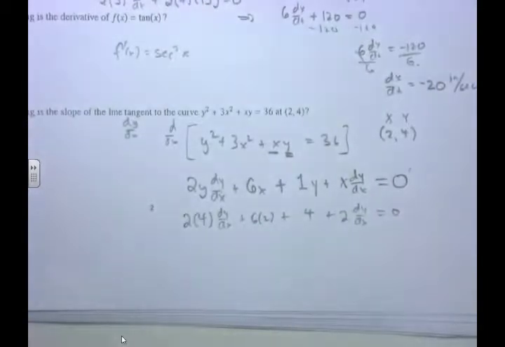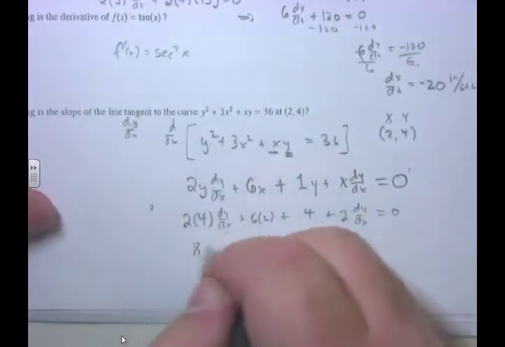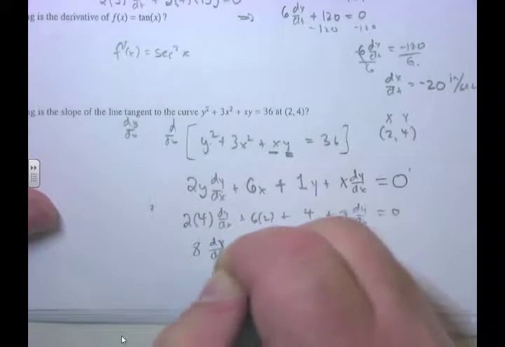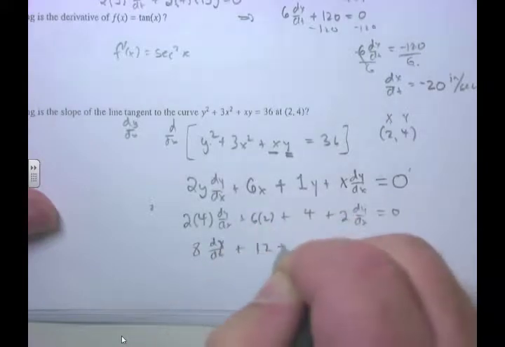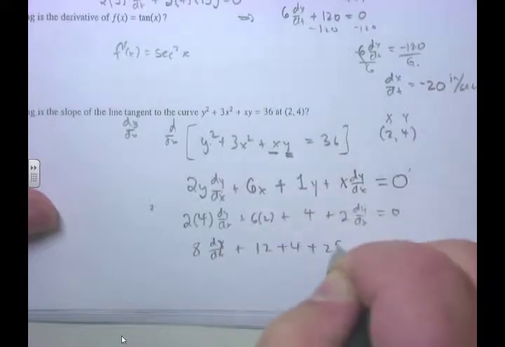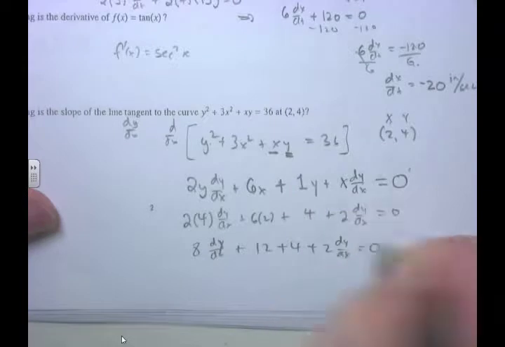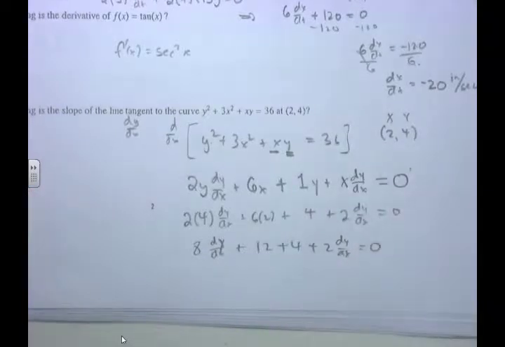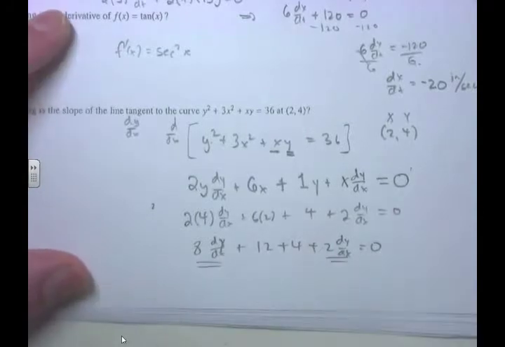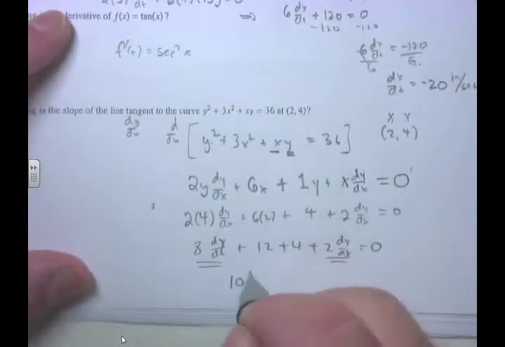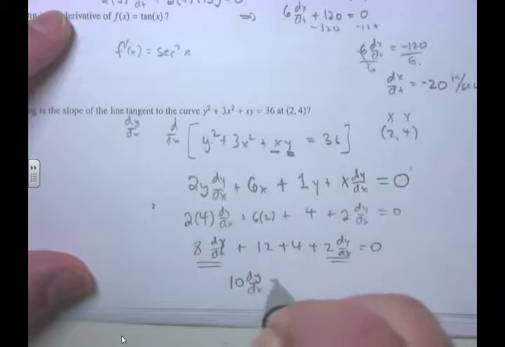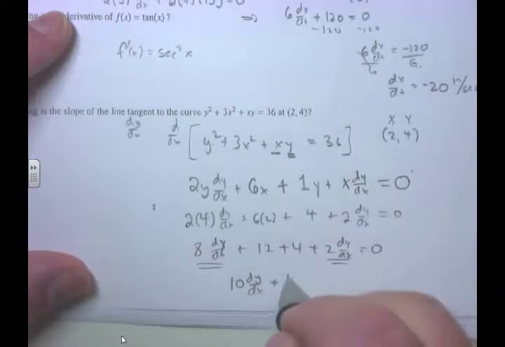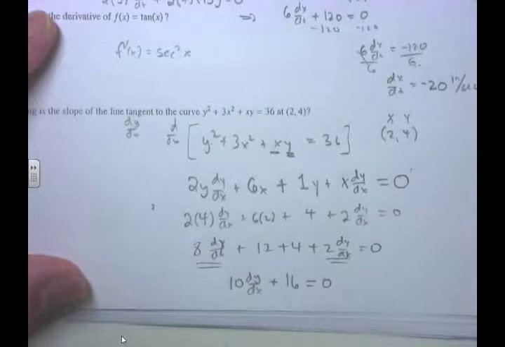Now we're solving for dy dx. Well, 2 times 4 is 8 dy over dx plus 12 plus 4 plus 2 dy over dx equals 0. At this point, it's all about combining like terms. What is 8 dy dx's plus 2 dy dx's? 10 dy dx plus 12 and 4 is 16 equals 0.